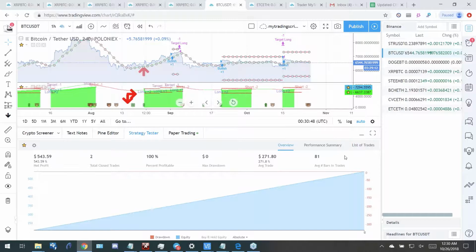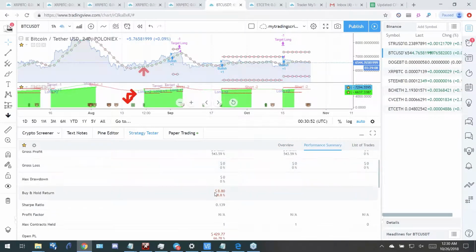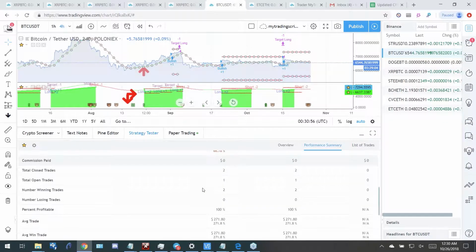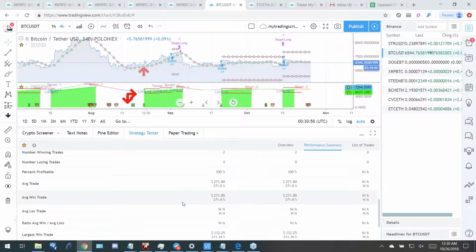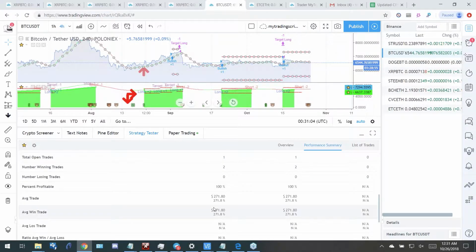I think your average trade percentage is given right here, and then over here on your performance summary, it has it in there.